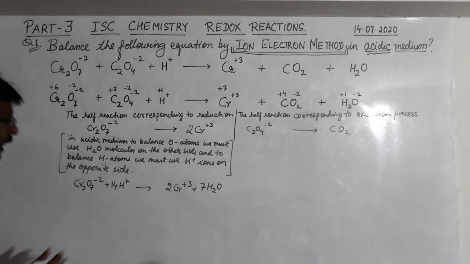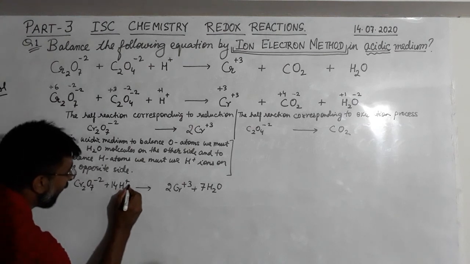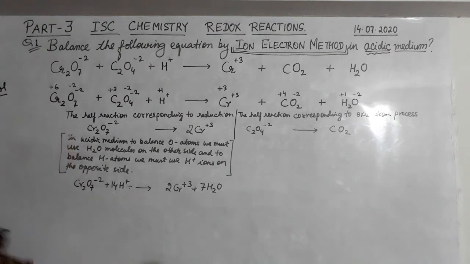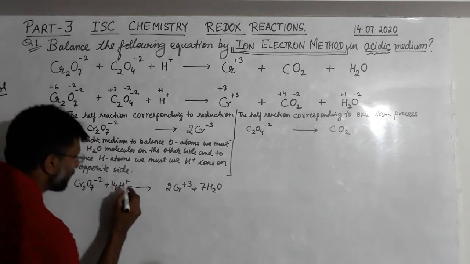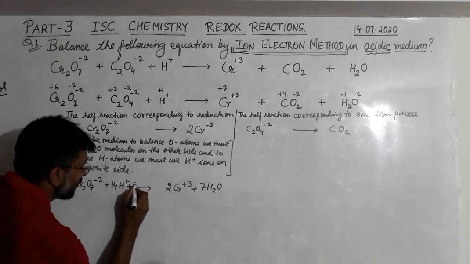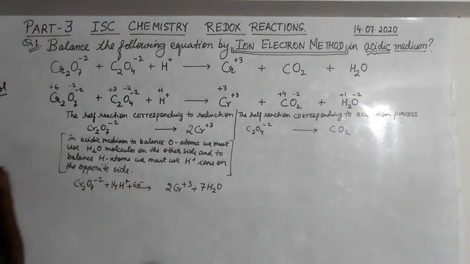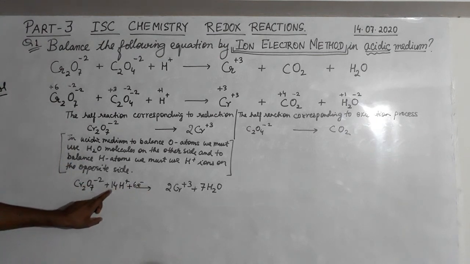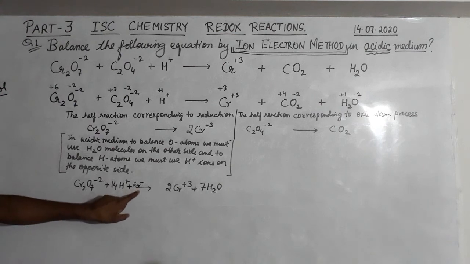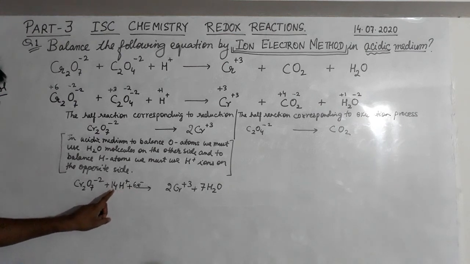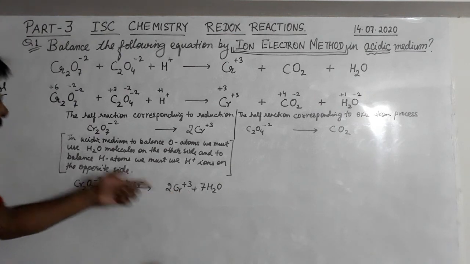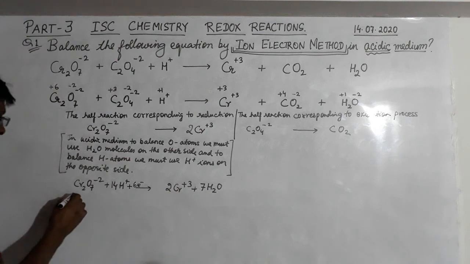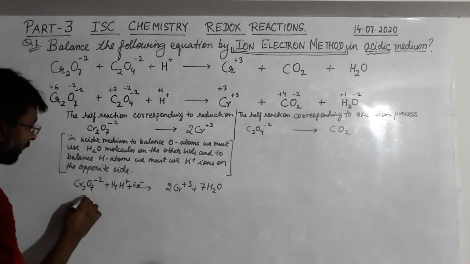So to balance the charges on the left hand side, I will put 6 electrons. 12 positive charges plus 6 electrons makes 6 positive charges, and here it is also 6 positive charges. So now in this reduction half reaction, everything is balanced.